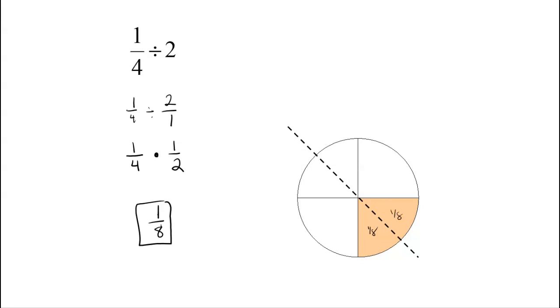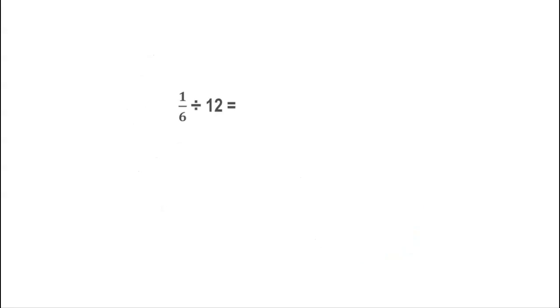Okay, so let's try another one that's kind of similar to this. All right, so 1/6 divided by 12. And again, go ahead, try pausing the video, see if you get the answer correct. All right, so if you tried pausing the video, this is how we should have worked this out. So 1/6, again, divide sign, 12 over 1.